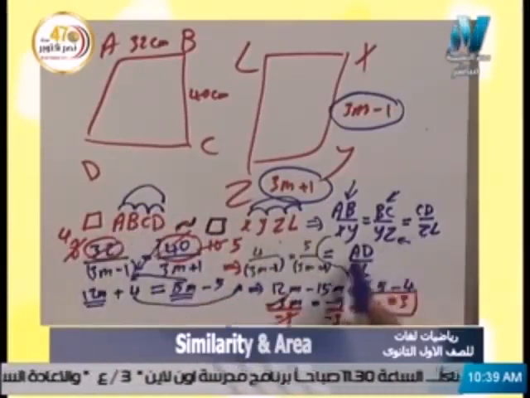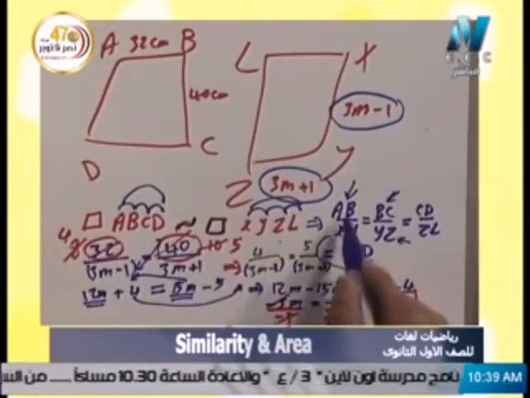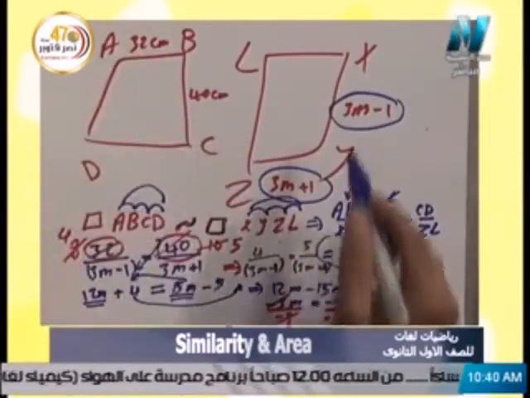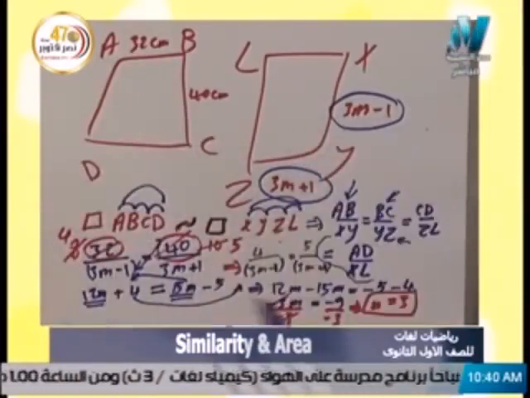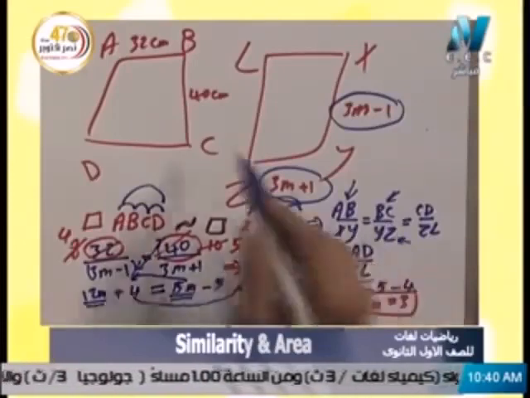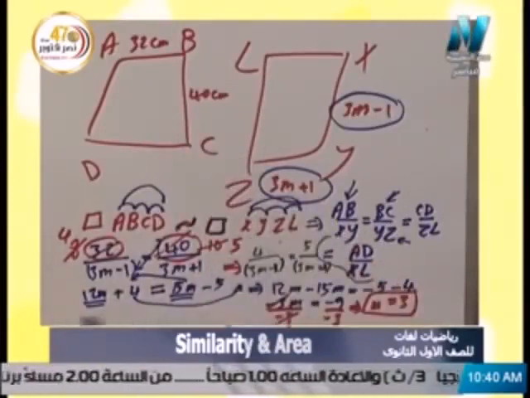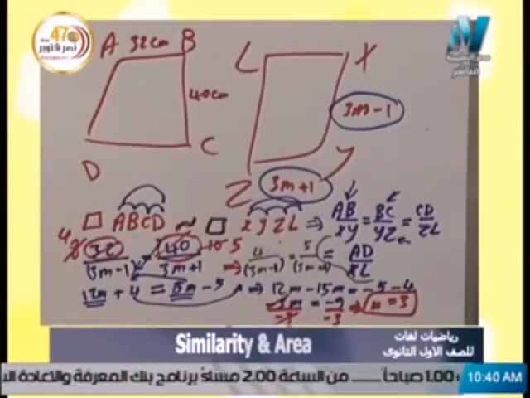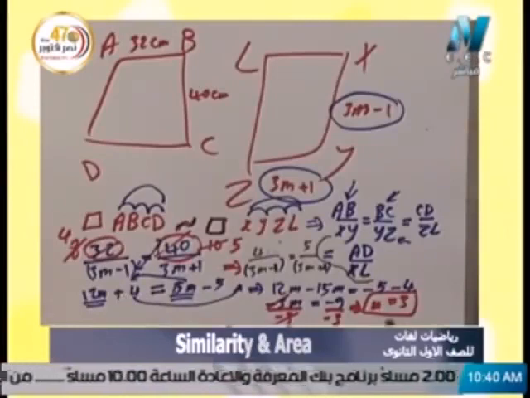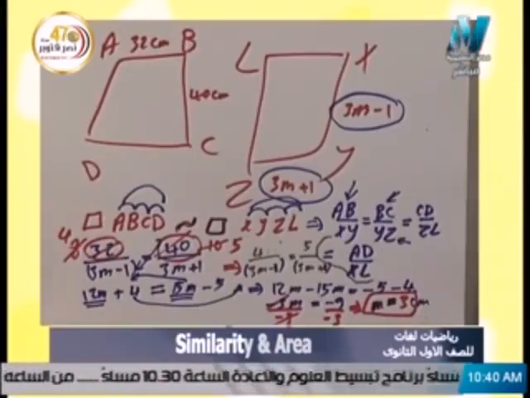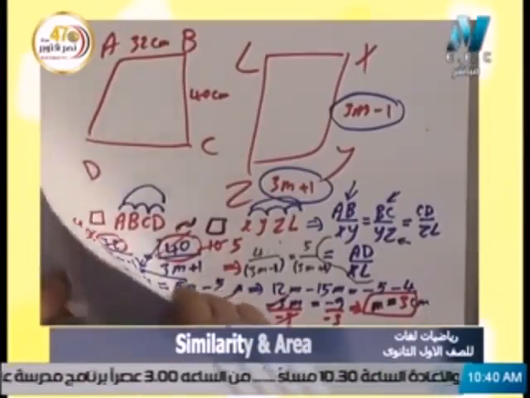AB equals 32, XY equals 3m minus 1, BC equals 40, and YZ equals 3m plus 1, and we make cross multiplication, and when we solve the equations we will find that m equals 3 centimeters.